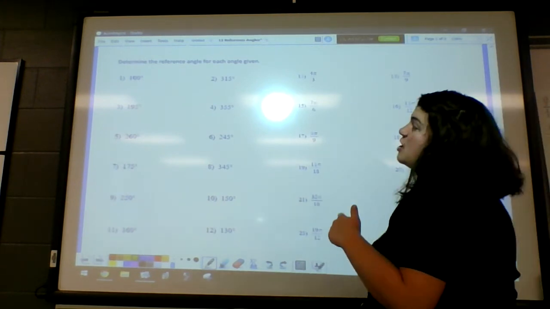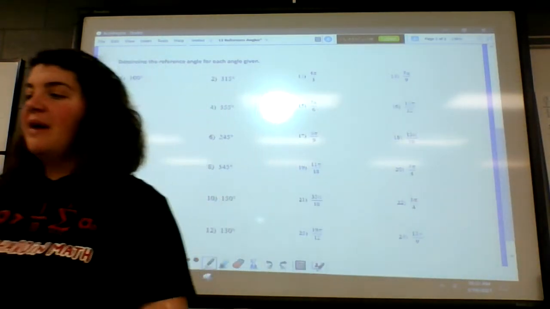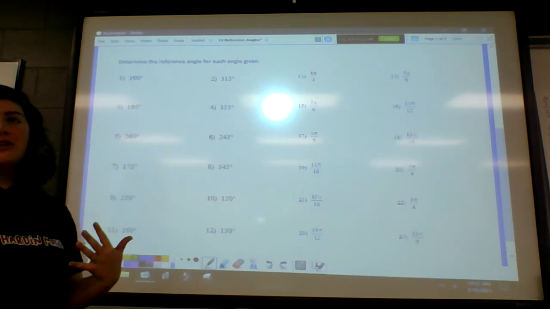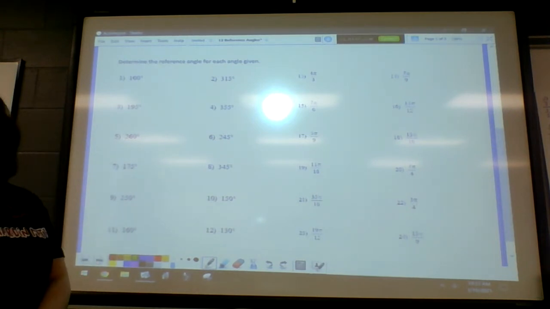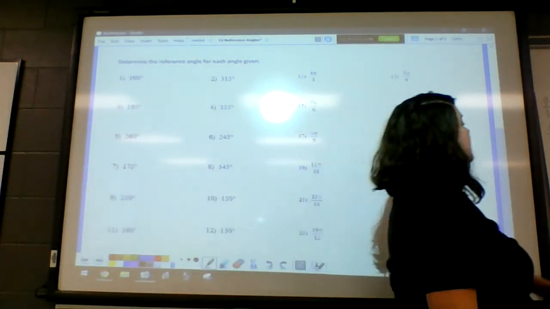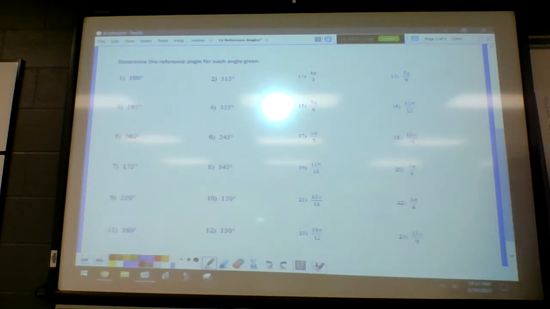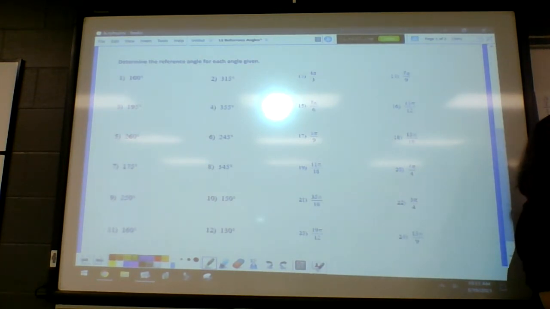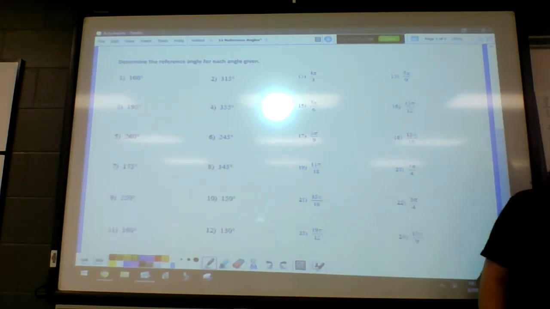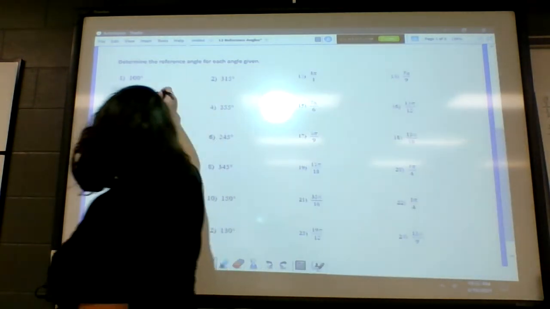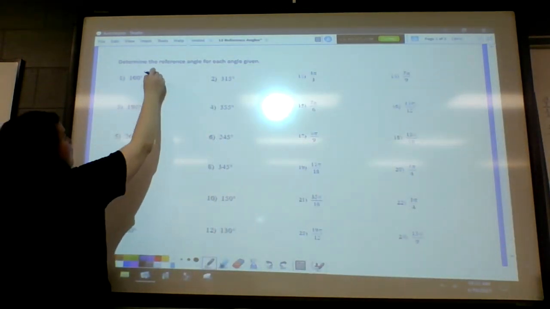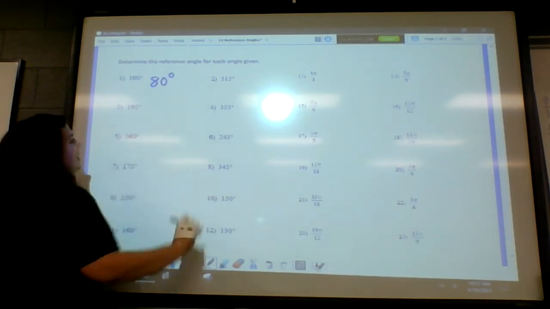So let's start with 100 degrees. The first thing you have to recognize is what quadrant does 100 degrees live in? Quadrant 2. And so based off of quadrant 2, you're figuring out how much more do you need to get to 180. So how much more do you need? You need 80. So the reference angle for 100 degrees is 80 degrees.